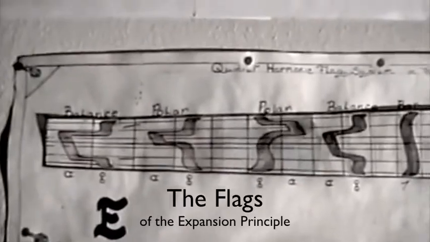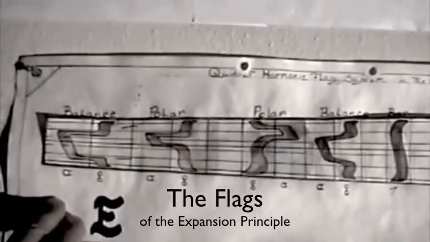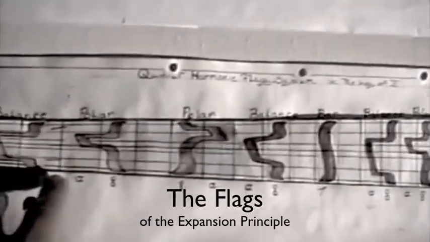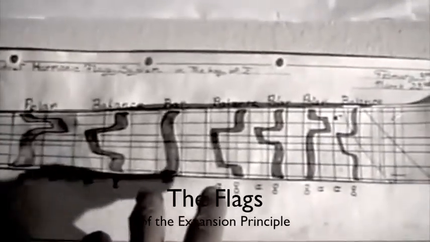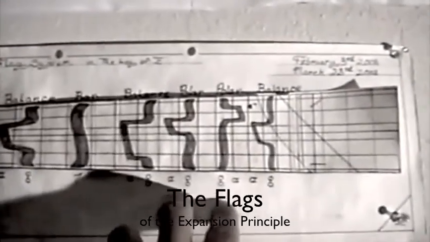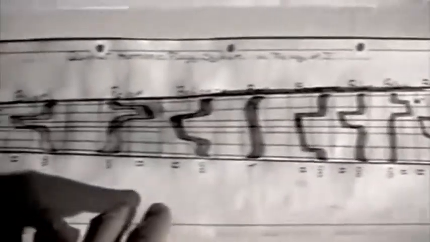The flag system in the key of E, which, as you can see, the polar flags are here, and then of course they repeat again here in sequence as they run.